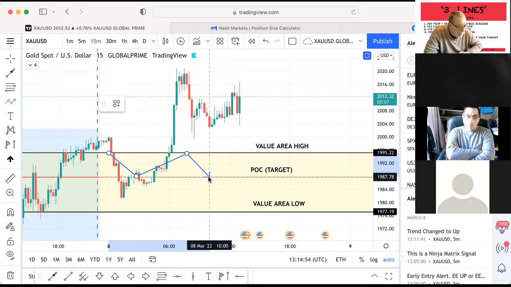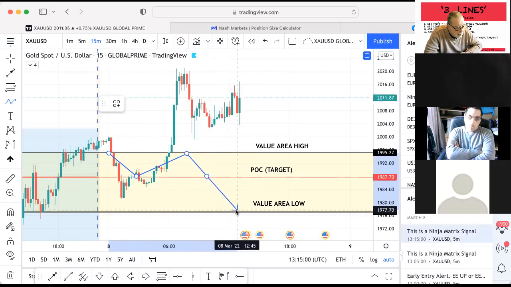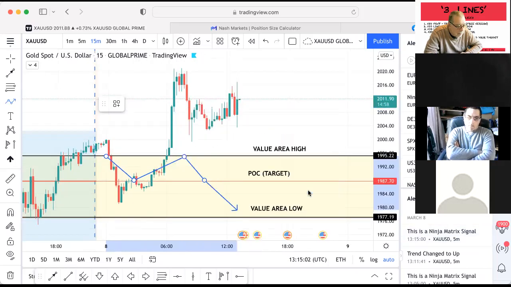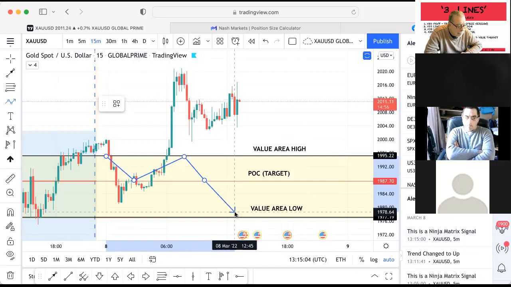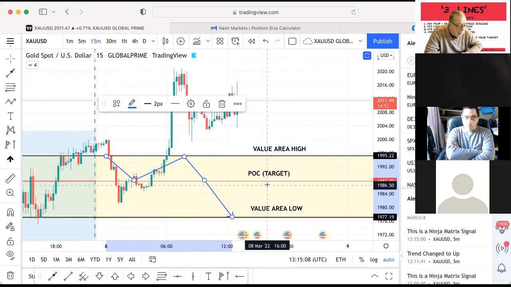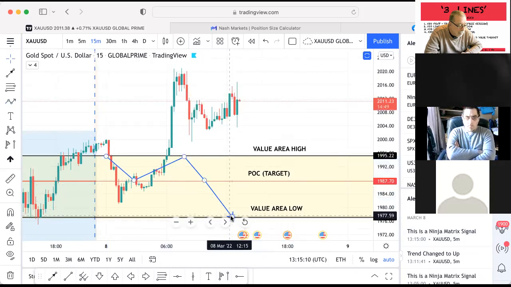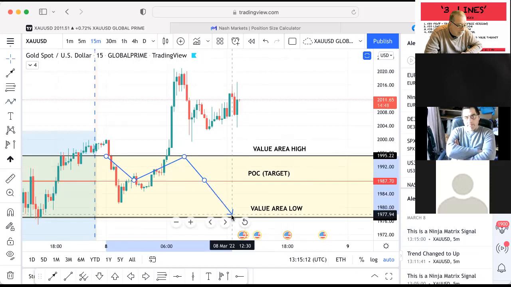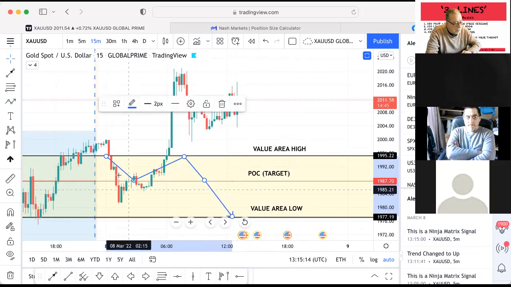And on some occasions, I could take another trade down to there and just click on that, and possibly even take a trade back up there. This isn't working there the way I expected it to, but you get the gist of it.